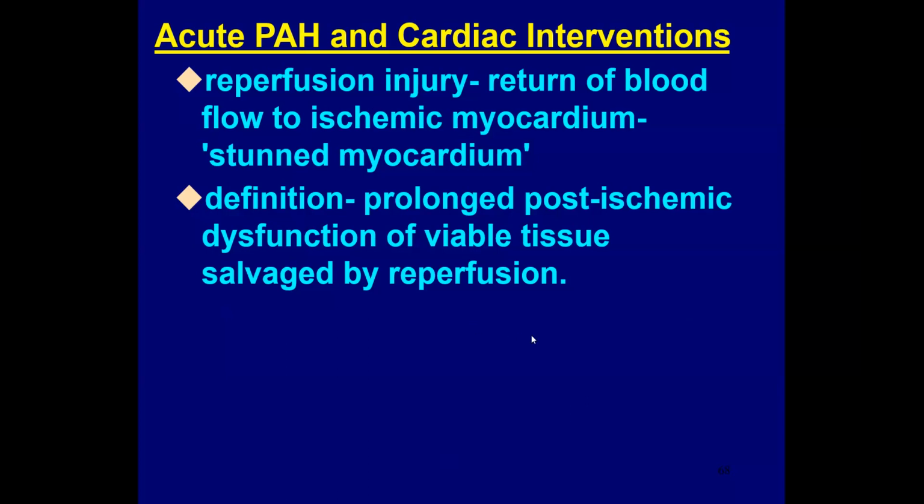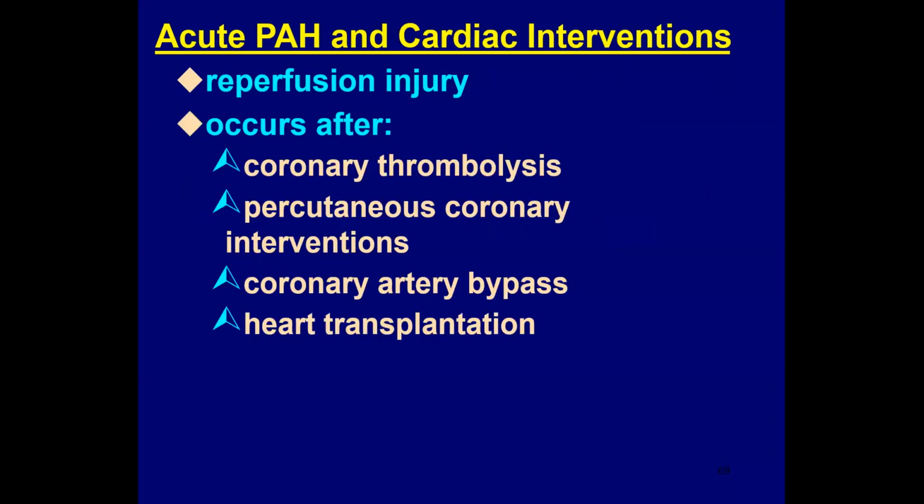And this releases all kinds of nasty chemicals that cause pulmonary hypertension. Reperfusion injury occurs after coronary thrombolysis, percutaneous coronary interventions, coronary artery bypass, and also heart transplantation. This is something also to watch for after any heart surgical procedure.